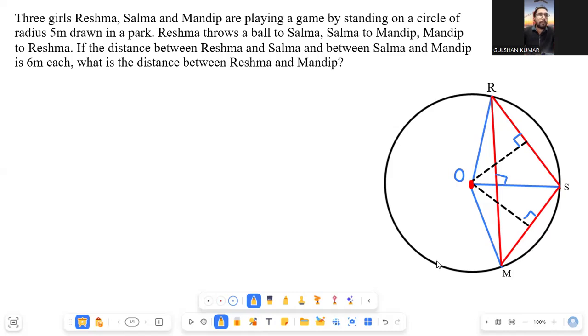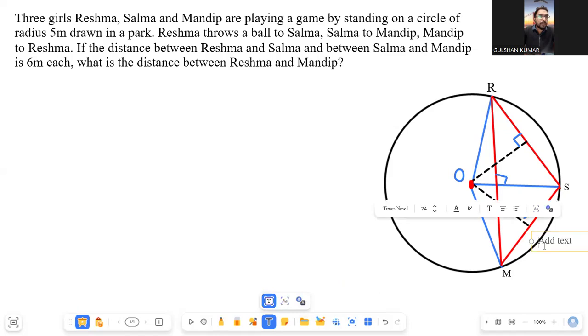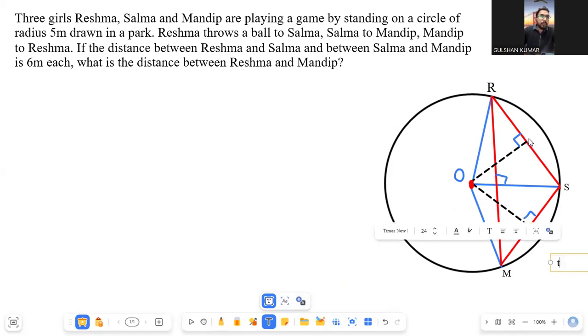Mentioning it as M, we have M here, and we mention this point as B, and this point as A. So we have roughly drawn the whole question.